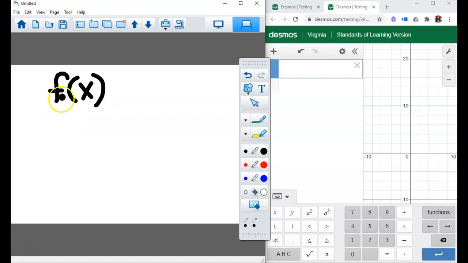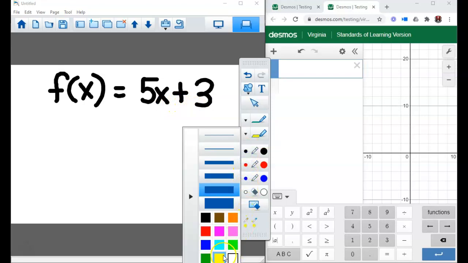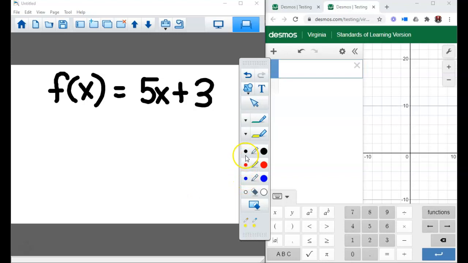So this says a function of x equals, let's say it is 5x plus 3. So a function of x is equal to 5 times x plus 3. Okay, now to remind you what these things are, the f, of course, is the name and lets you know that this is a function.